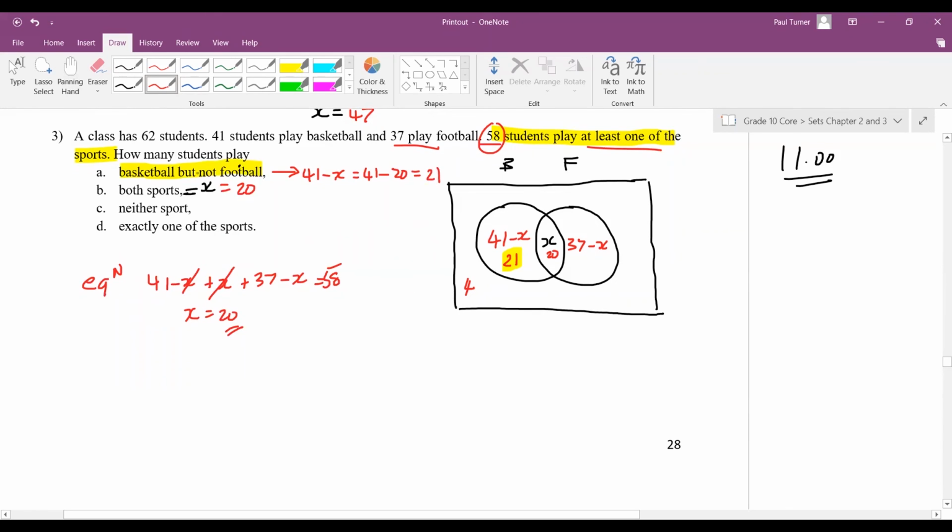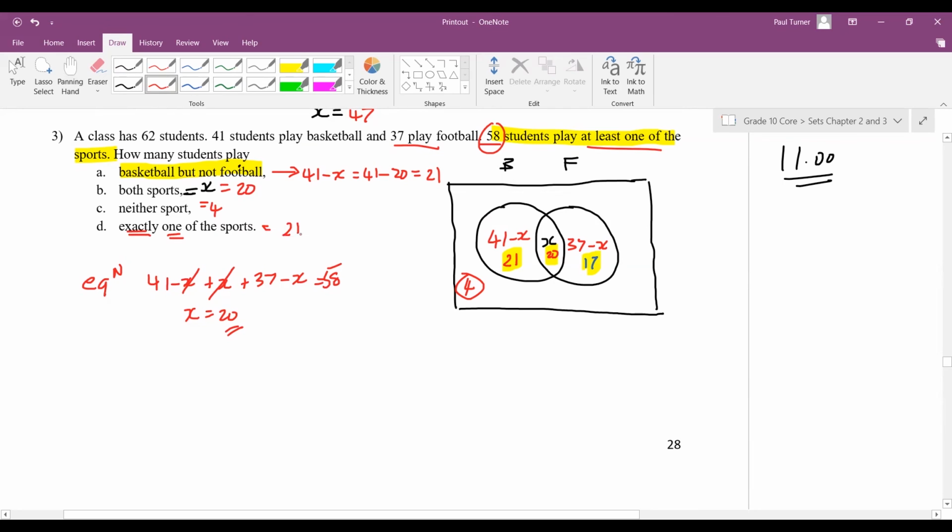Neither sport, that was 4. Outside, exactly one of the sports. So that's going to end up being 38. So that would have been 37 minus 20, which is 17 in here. We've got 20 there, 17 there. Exactly one of the sports, so that's either basketball only or football only.